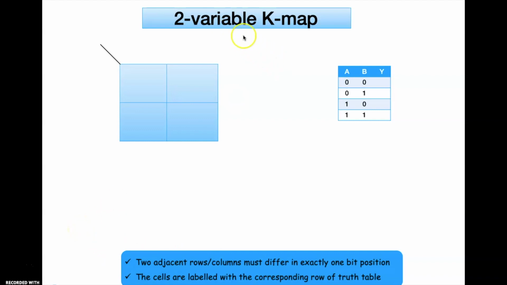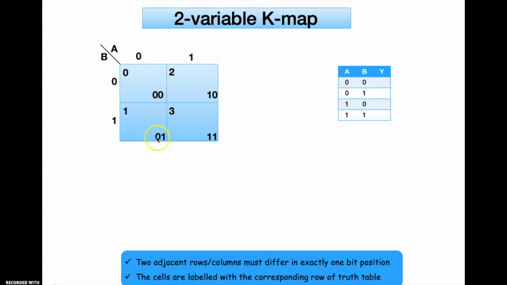In a 2 variable KMap, we have variables a and b. We can place the variables in the KMap like this: a representing the columns and b representing the rows. Thus, in this cell a is equal to 0, b is equal to 0. In this cell a is equal to 0, b is equal to 1, and so on. Thus, this cell can be labeled as 0, 0 or 0.